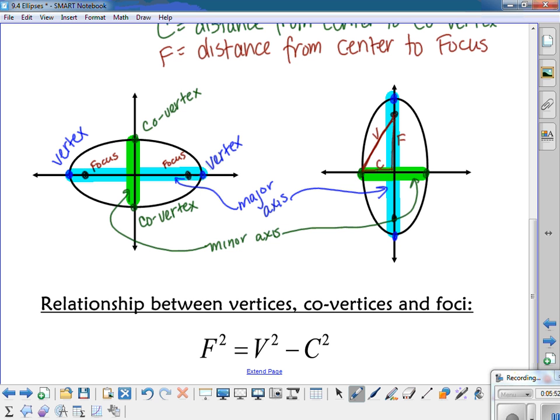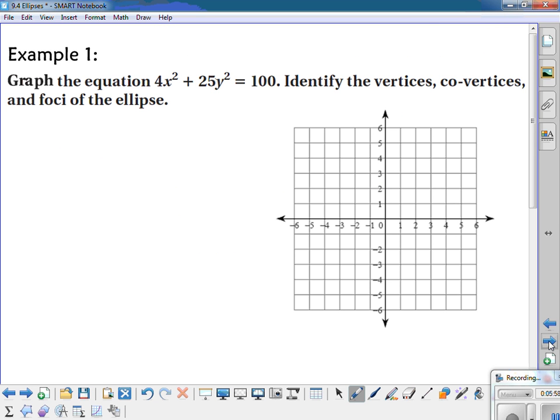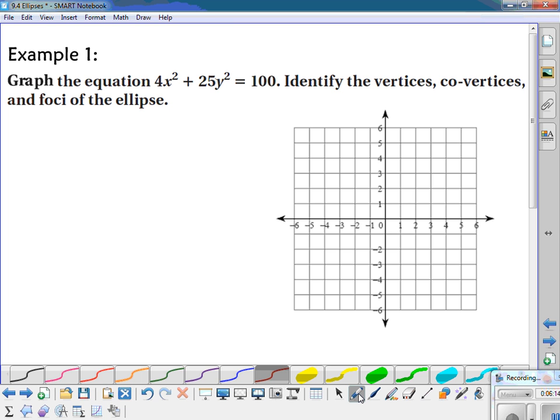All right, so now let's use all this information to do a problem. For example 1, we're going to graph the equation 4x squared plus 25y squared equals 100, and then we're going to identify the vertices, co-vertices, and foci of the ellipse. The first thing I notice is that my equation is not in standard form.